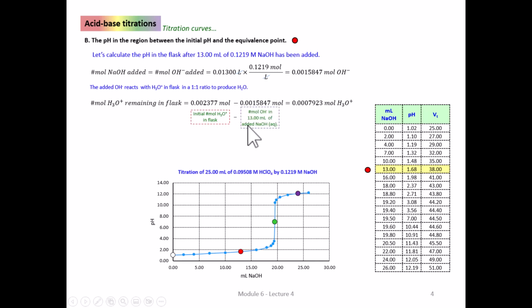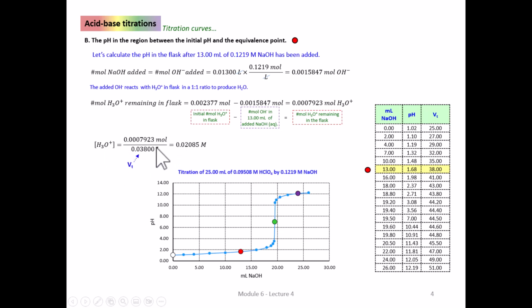We're going to destroy 0.0015847 moles of hydronium ions because that's how many moles of added sodium hydroxide, which means the number of moles of hydronium ion remaining in the flask at this point in the titration is 0.0007923.